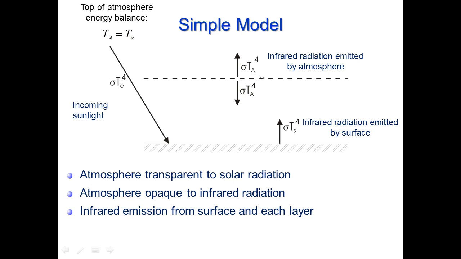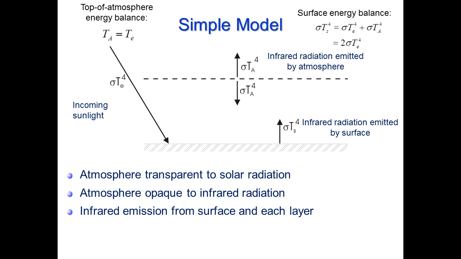This tells us that the atmospheric temperature in this very simple model is equal to the effective emission temperature of the planet. So we've already found that the temperature of the atmosphere in this simple model is 255 degrees Kelvin, the effective emission temperature of the planet.